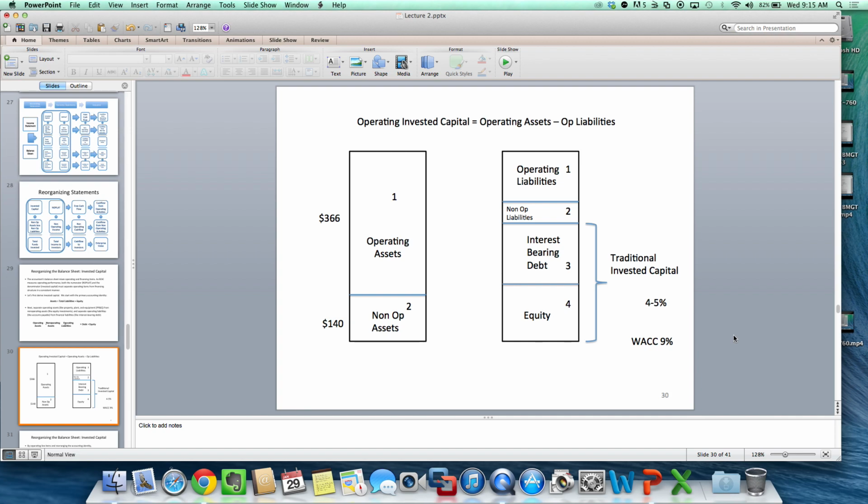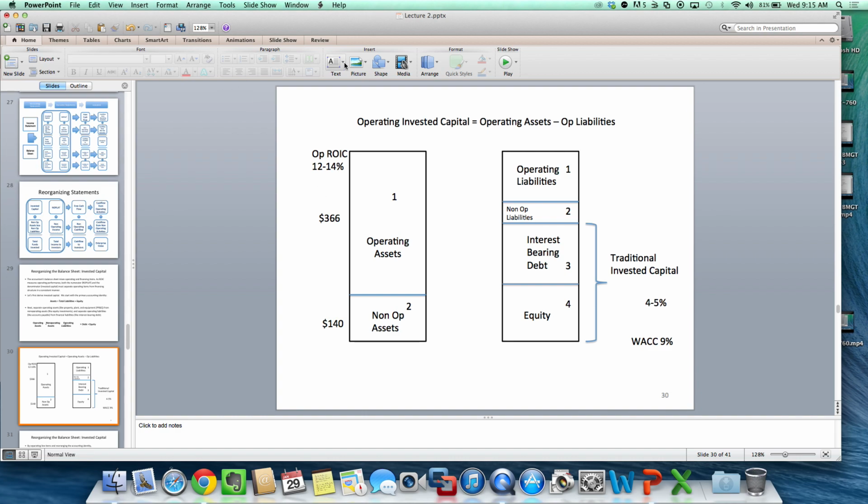However, when I rearrange your statements into operating and non-operating, your beer business, the operating return on invested capital, is approximately 14%. I forgot the exact number, but 12 to 14. It was in that range, right?